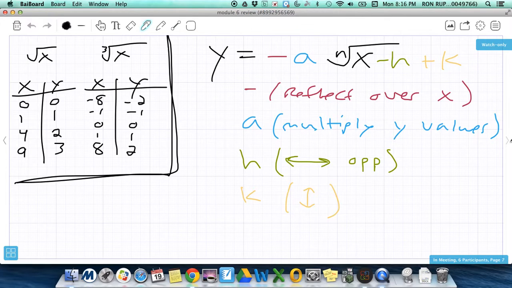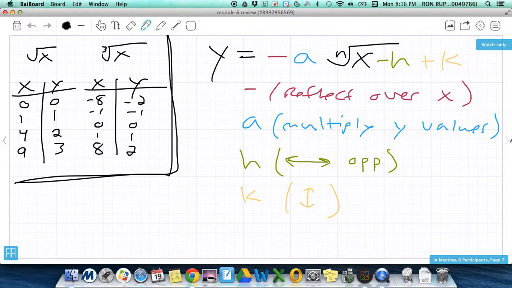If you have a k value, you're just going to add that or subtract that to all your y values in the table. The only thing that you do to your x is if you have something under the radical. Then you do the opposite. So if it's minus h, you're going to add that number to all of your x values. If it's plus h, then you're going to subtract that number from all of your x values.